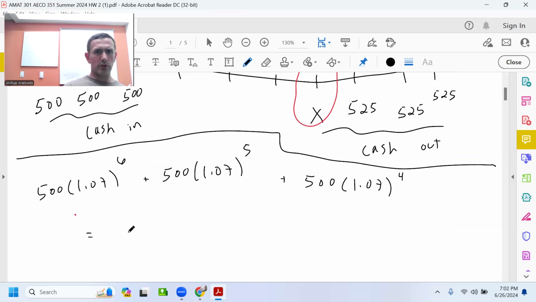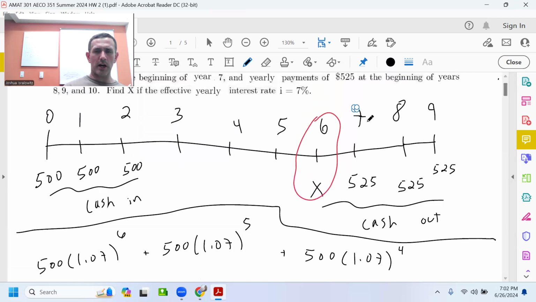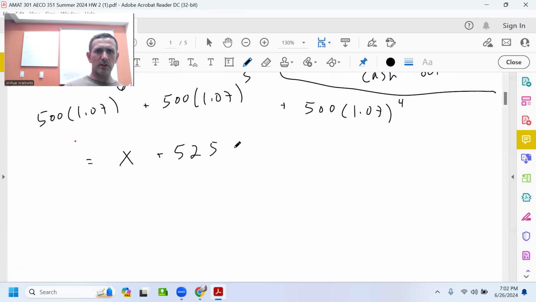This is going to be equal to X. Then we have to discount, kind of go backwards in time, this 525 by 1 year, this 525 by 2 years, the last 525 by 3 years. So divide by 1.07 or 1.07 to the -1. Doesn't matter. Probably the former is easier to fit.